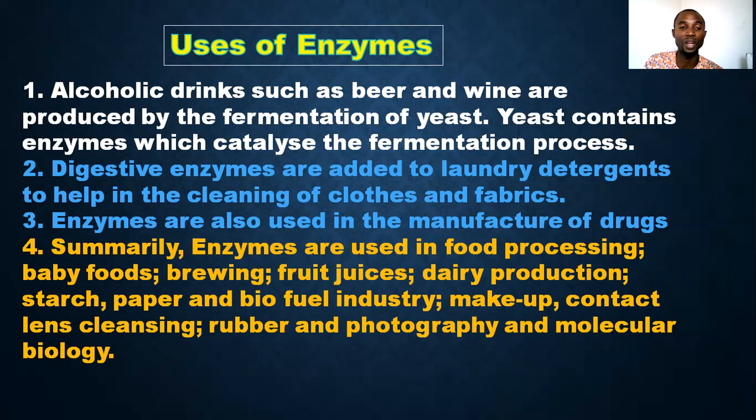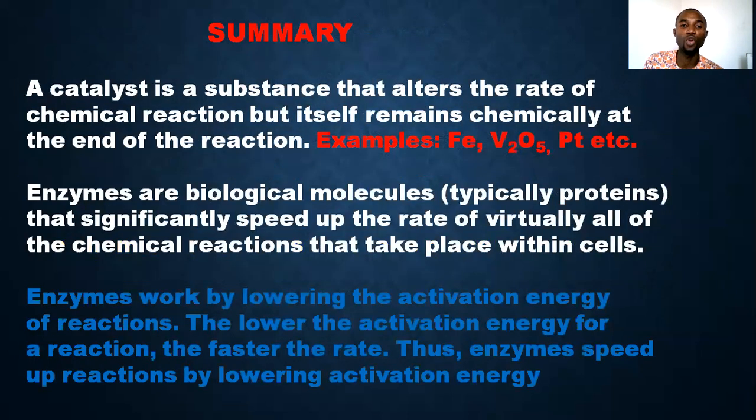So far, so good. We have been able to define what a catalyst is, and we have given examples of catalysts. We have talked about enzymes as biological catalysts, and that they work by lowering the activation energy, which makes the reaction faster.